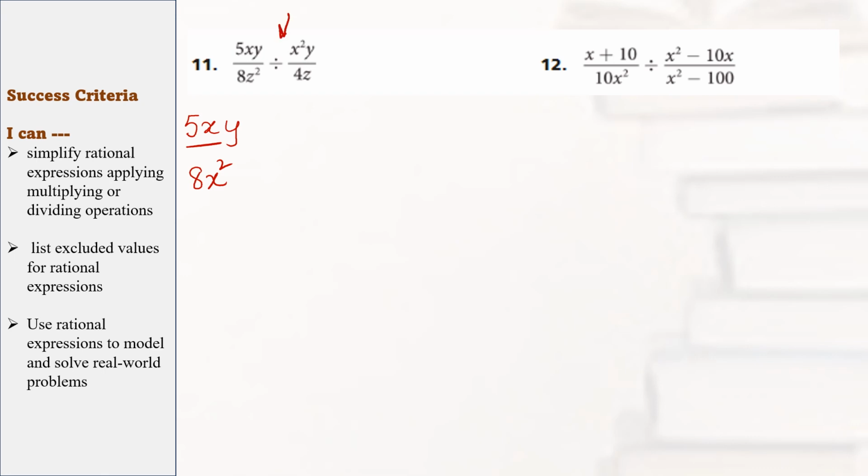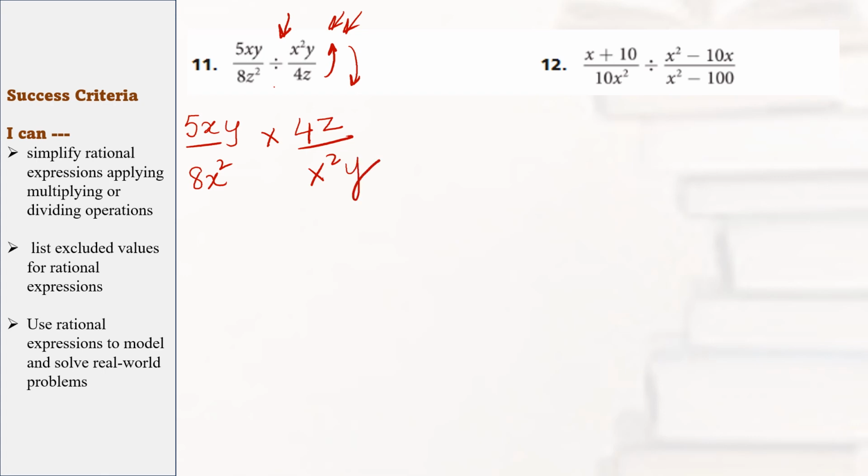Now there is a sign of division. So change the division into multiplication, and whatever expression is written after the division, you flip it. It means the denominator will be written in the numerator and the numerator will be written in the denominator.